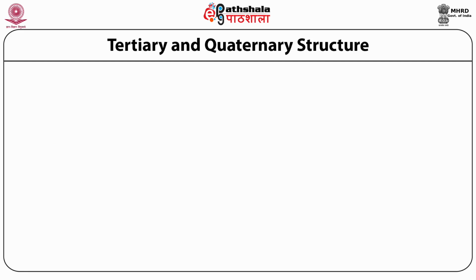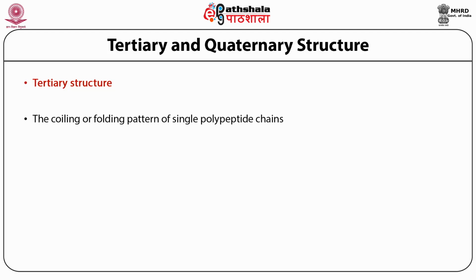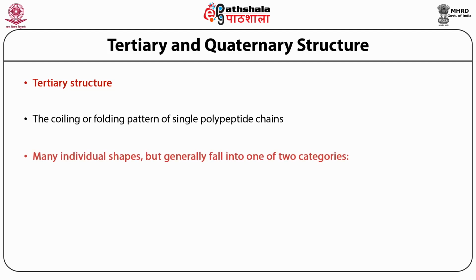Tertiary and quaternary structure of the protein. Tertiary structure refers to the entire three-dimensional conformation of a polypeptide. It indicates how secondary structural features, alpha helix, beta pleated sheets, bends, turns, loops, coils, assemble to form a domain and how these domains relate especially to one another.